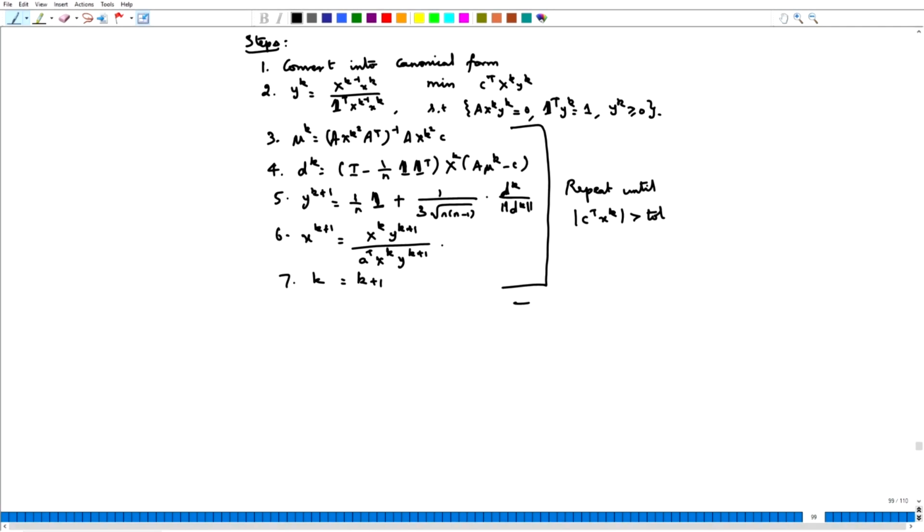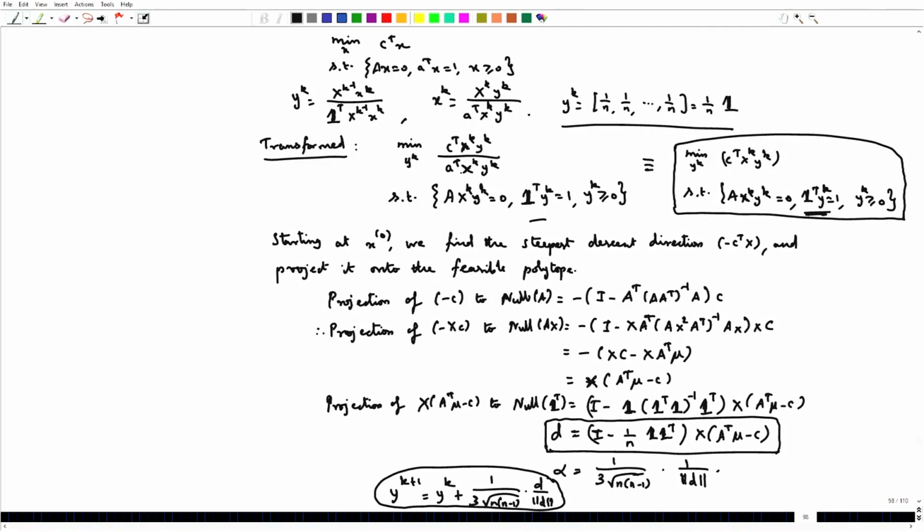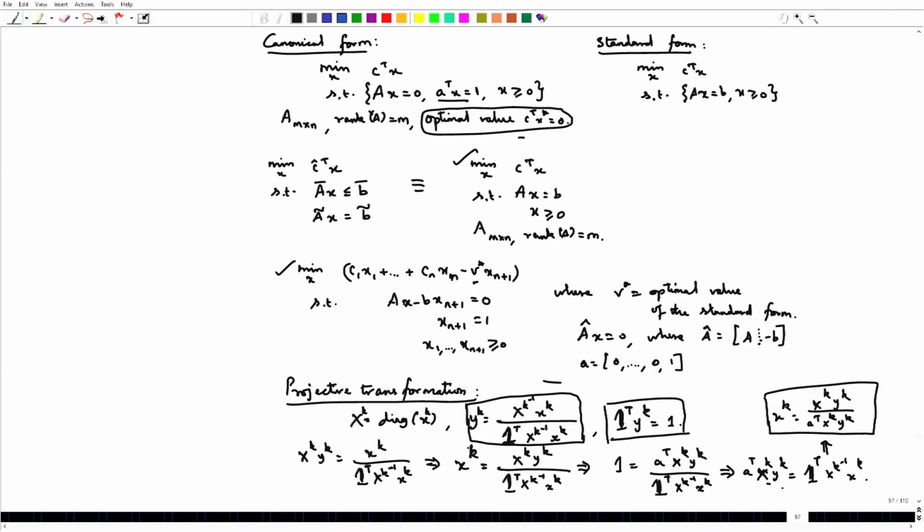this? Let us note that though we have written A transpose x as generally as possible, the A transpose that we have here, where we convert the given problem to canonical form, the A vector is always n minus 1 zeros and a 1. That never changes. Since it is an n dimensional problem and I am introducing n plus 1, I have written it as x n plus 1.